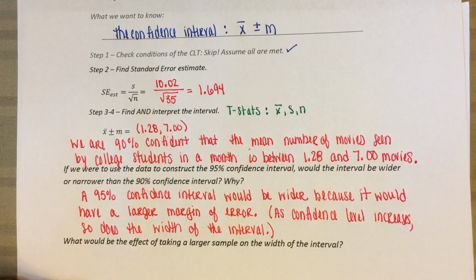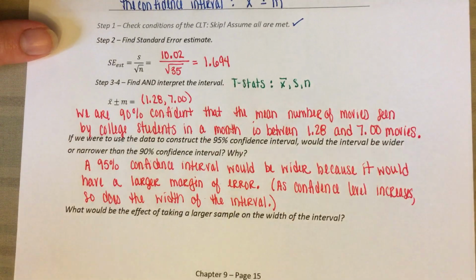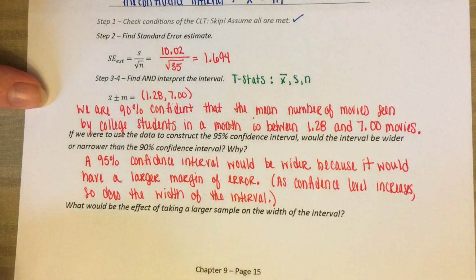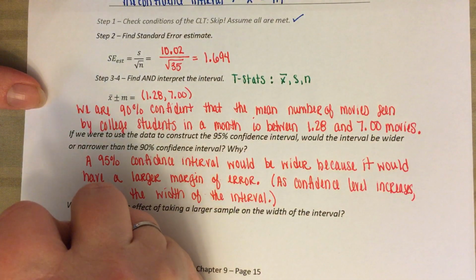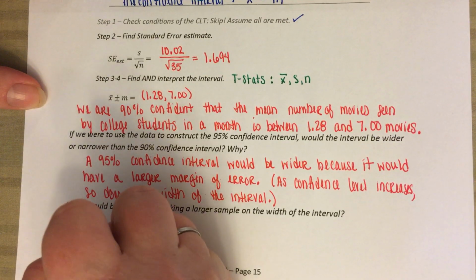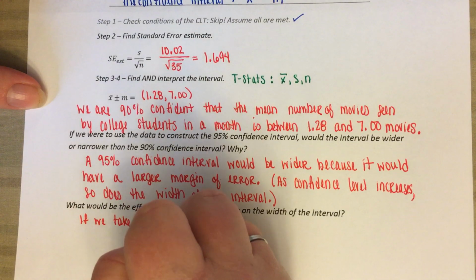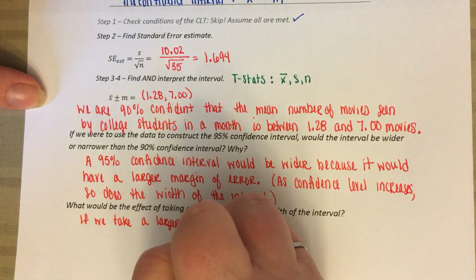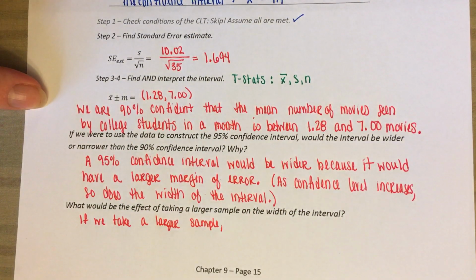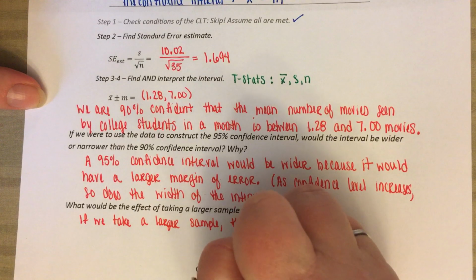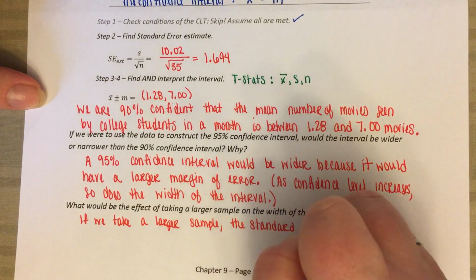Then the last question down at the bottom, what would be the effect of taking a larger sample on the width of the interval? If we take a larger sample, larger sample means the standard error would be smaller.